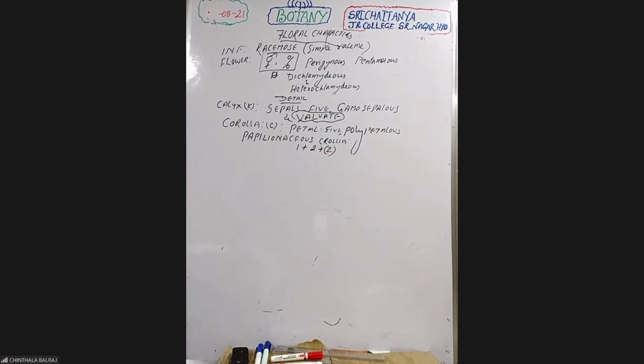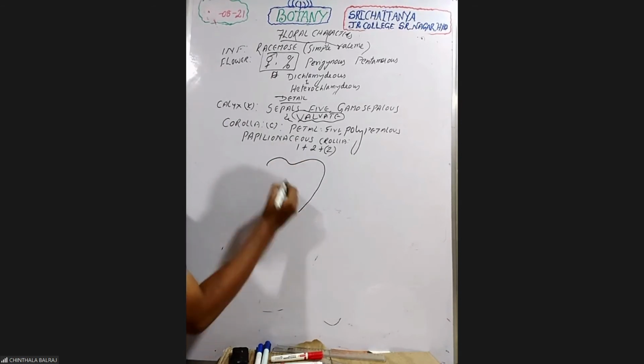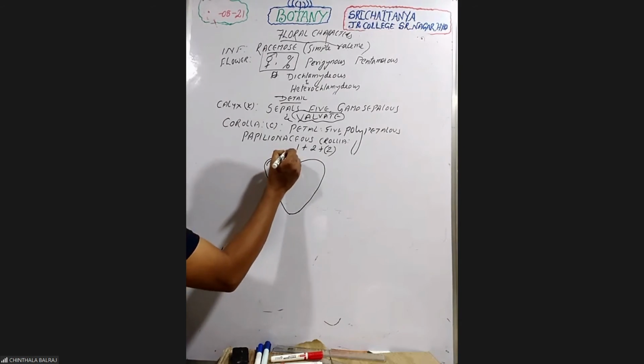How many petals? Five petals. Of how many types? Three types. This one is the standard, the largest. Listen: largest petal, most attractive petal, colorful petal, placed vertically towards which side?